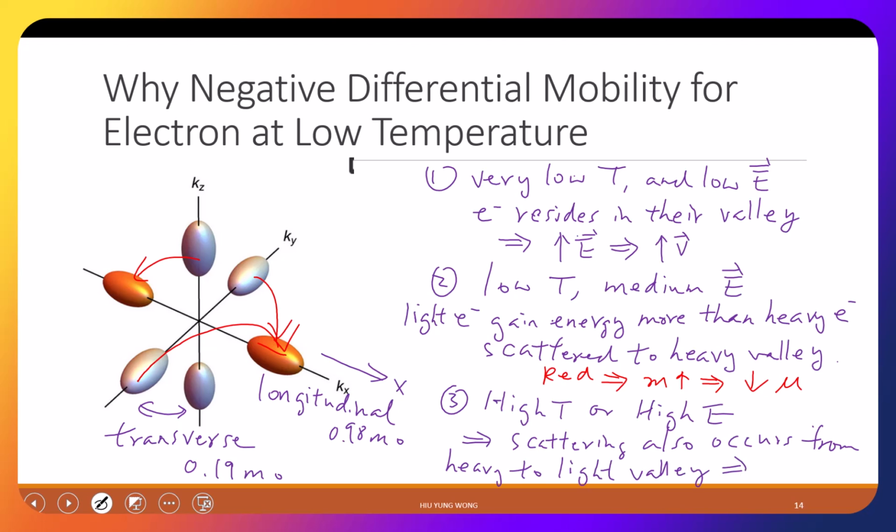So you have some more equilibrium, because when you are at high temperature, they can get phonons easily. This will go back. So you have some light electrons become heavy electrons, and also heavy electrons become light electrons. So overall, the population doesn't change. As a result, you have the same mobility. So that's why your velocity does not change.